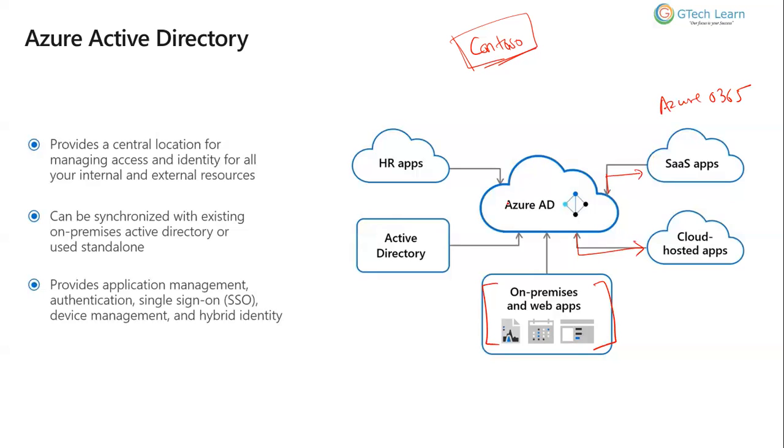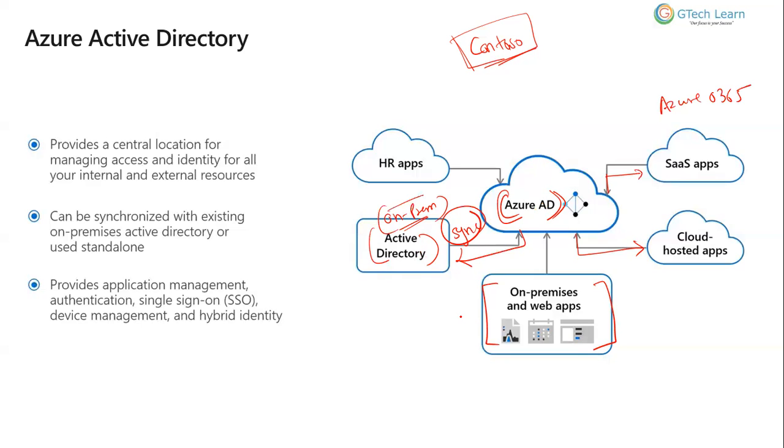You can also connect your Azure Active Directory to your on-premises Active Directory Domain Services and create a synchronization between them. Then you can provide resource and application access to the users present in your on-premises Active Directory, as well as distribute that access to the users present in your Azure Active Directory. That is the capability of Azure Active Directory.